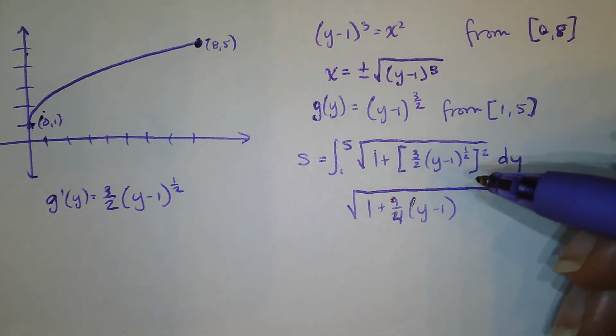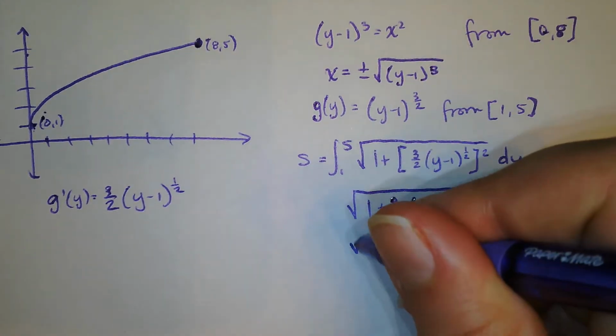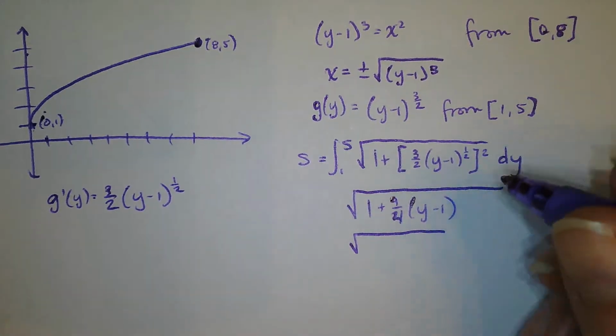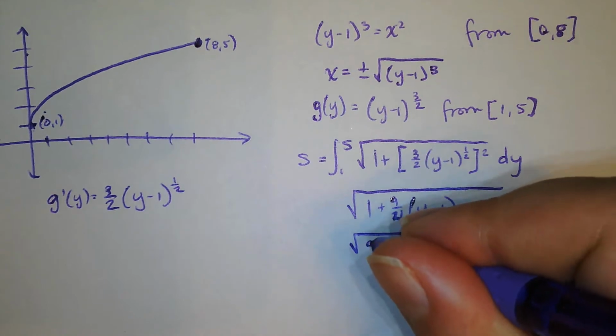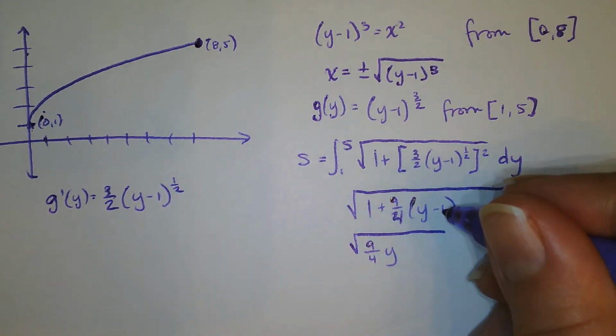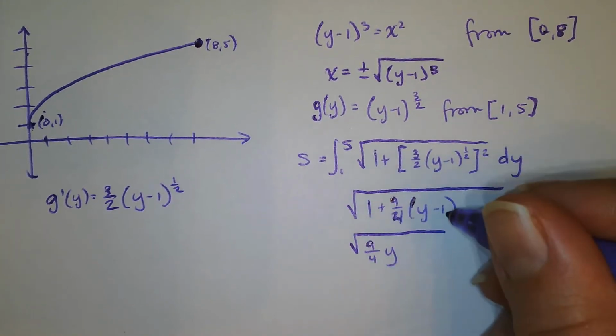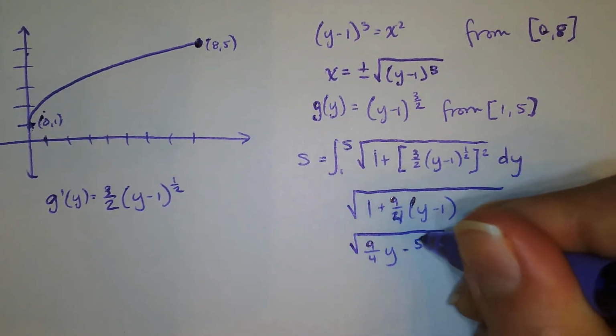Let's distribute, simplify, do all that stuff. Once that's done, I'm going to get 9/4 y. 9/4 times 1 is 9/4, so 1 minus 9/4 will give me negative 5/4.